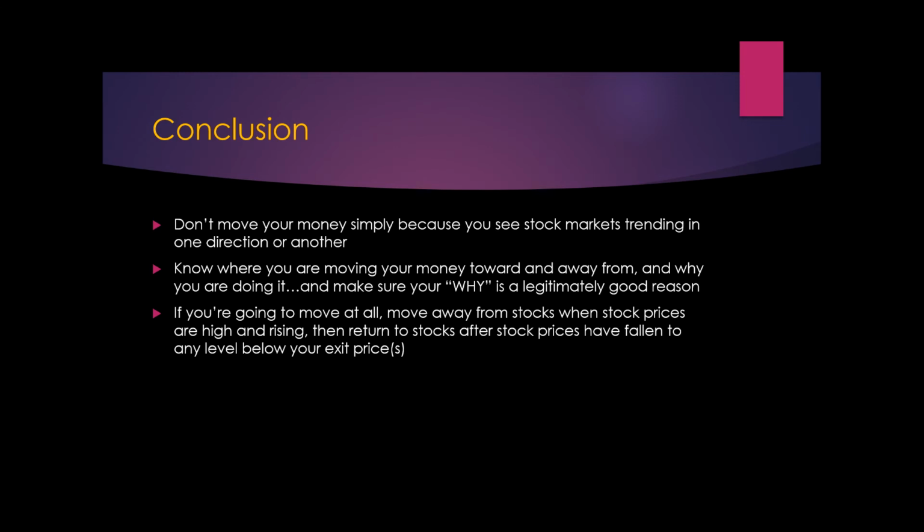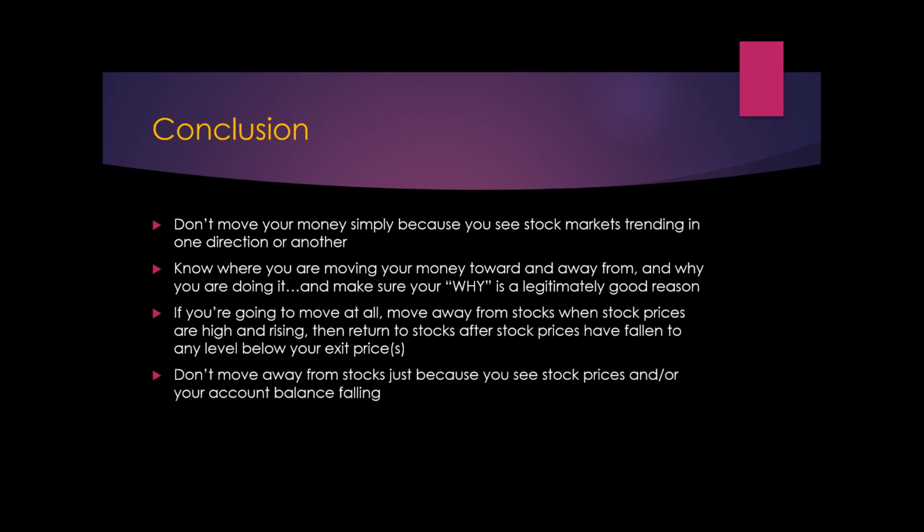So take all this advice. Don't move away from stocks just because you see stock prices and your account balance falling. Like I was saying, the sky is falling. No, it's not. Stocks always move upward over the long term, even if they go down for shorter periods, maybe up to 6 months at a time.